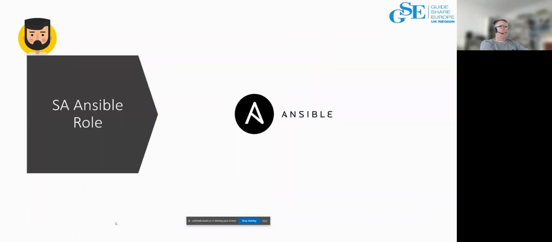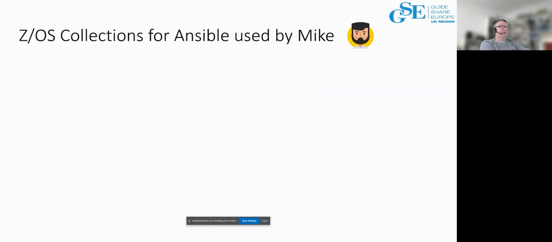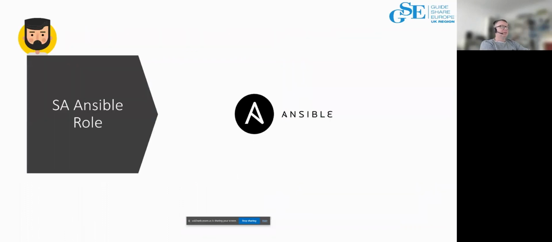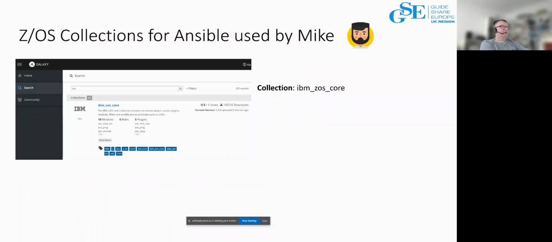Now let me talk about what the SA Ansible role is doing for people like Mike and Zach. So Mike and Zach are there in order to take care of the environment, for the mainframe together. They have to ensure that the configuration is always consistent and up to date and reflects what their company wants.